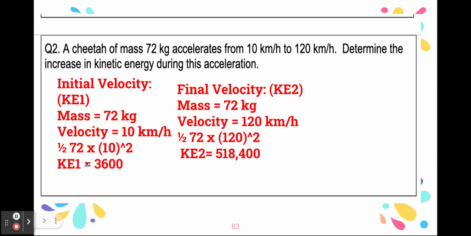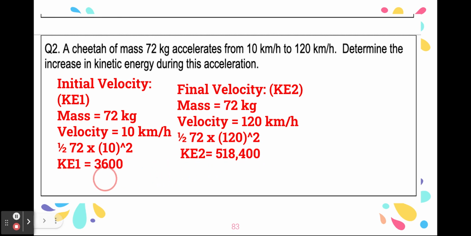These are your answers. So our initial velocity, when the cheetah is going 10 kilometers per hour, the cheetah has 3,600 joules of kinetic energy. And when the cheetah speeds up to 120 kilometers per hour, the cheetah is now moving very, very fast and has a lot more energy. So now it has 518,400 joules of kinetic energy.